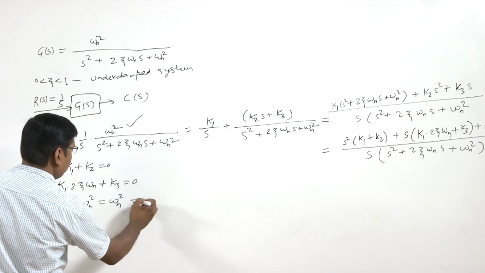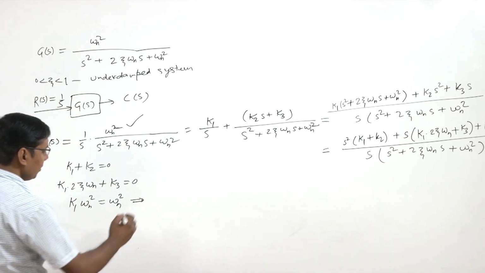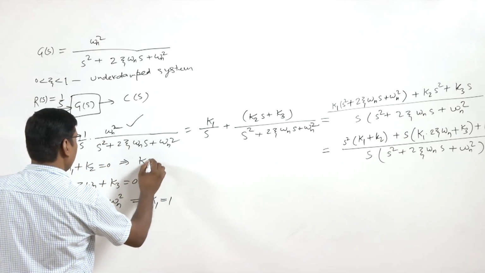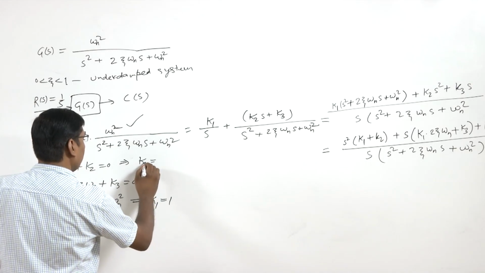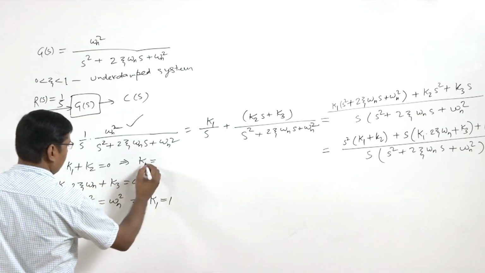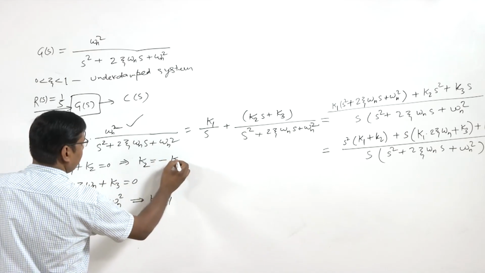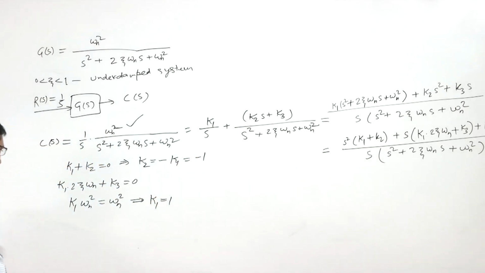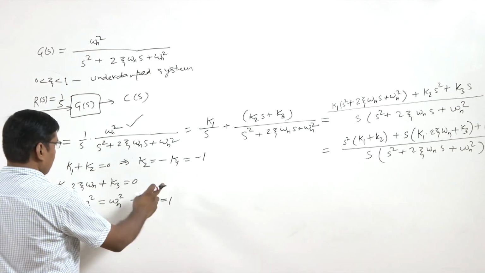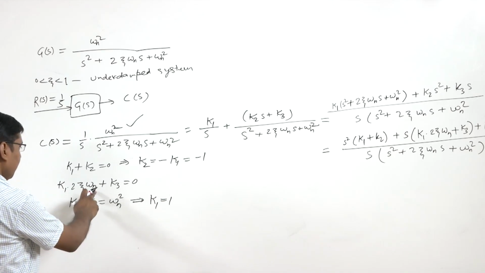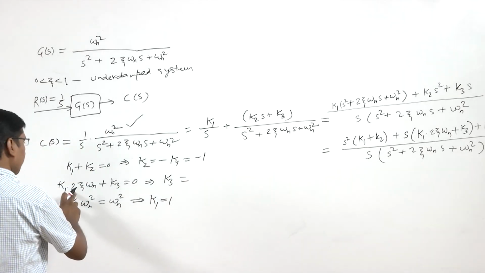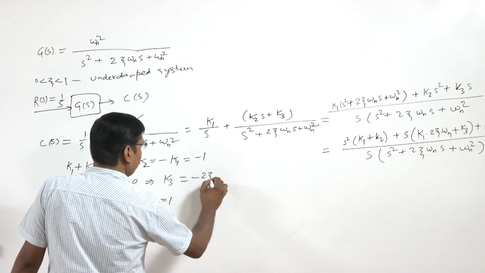So from here we get that k1 equal to 1, and k2 equal to minus k1, that is equal to minus 1. Now we put the value of k1 in this equation. So we get k3 equal to minus 2 zeta omega n.